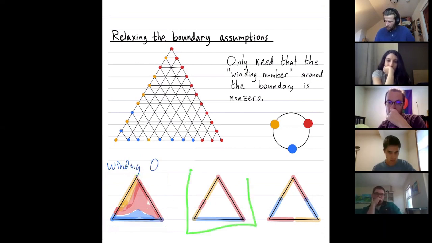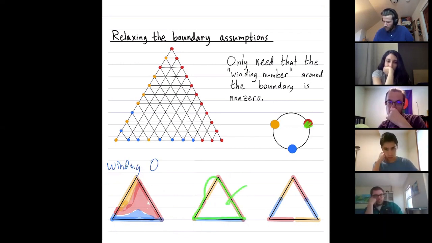Here is a pretty realistic room preference assignment. And the winding number is 1. So I start at red, and then I go orange, red, orange, blue, red. Sorry, let me try that again. From red, I go to orange, back to red, to orange, blue, to red.